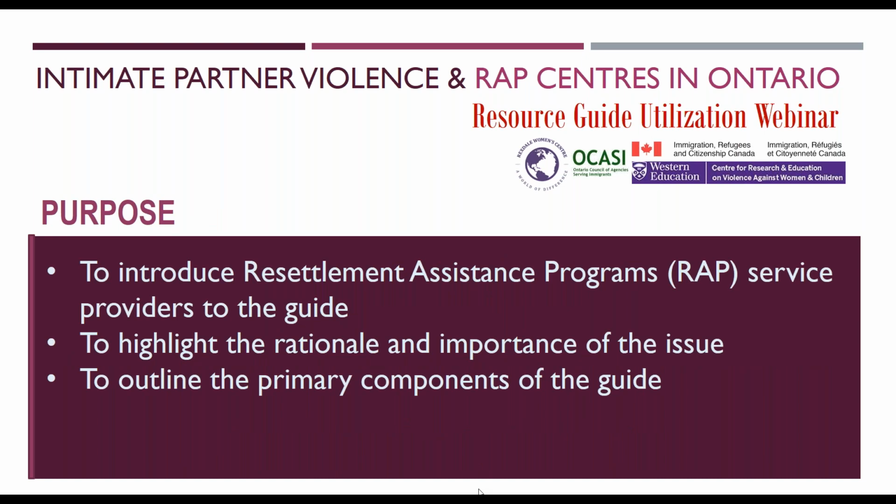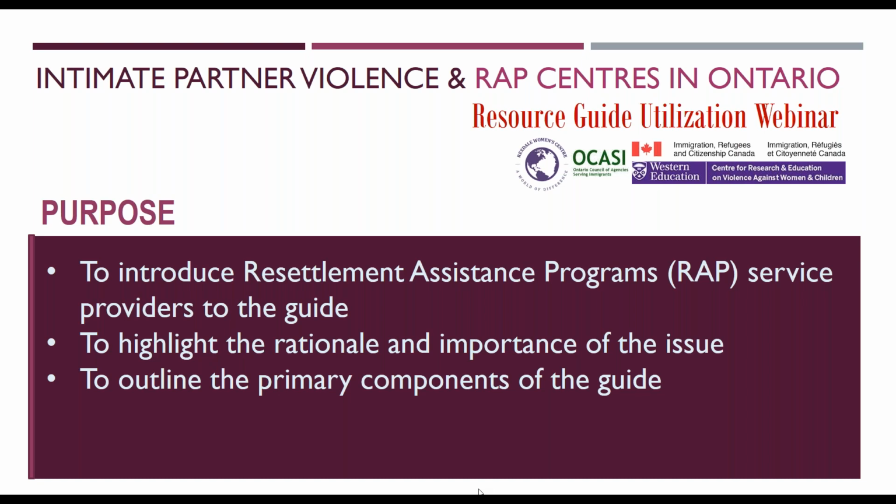So why don't we just talk a little bit about the purpose of this webinar. With this project itself, there are three primary deliverables or outcomes, including this webinar, that are coming out of this initiative. And one would be the resource guide.